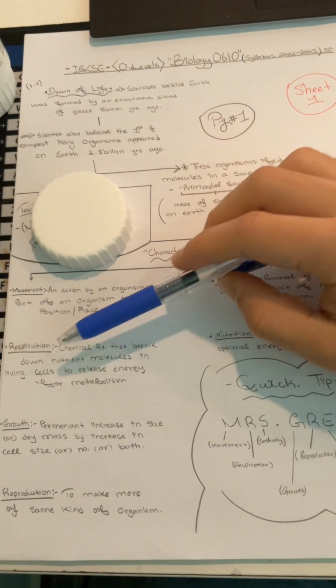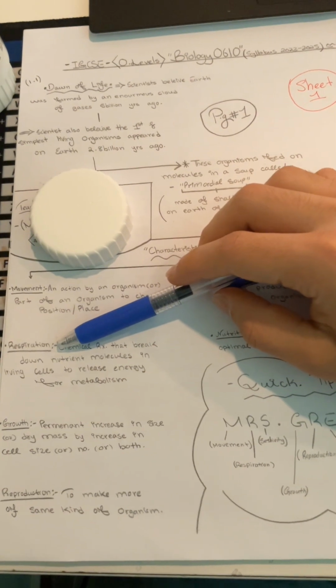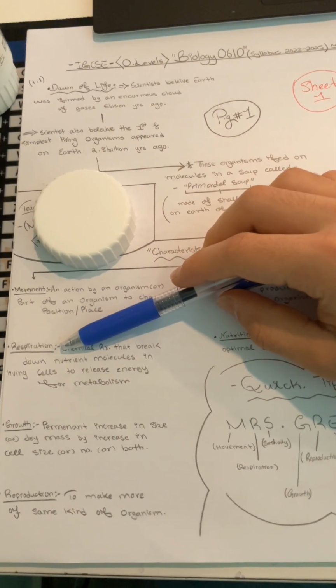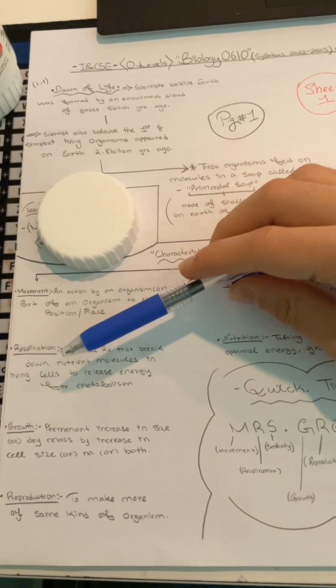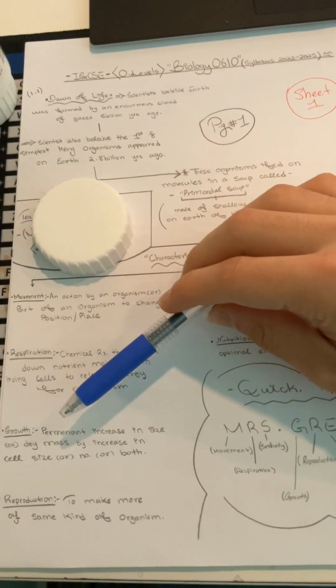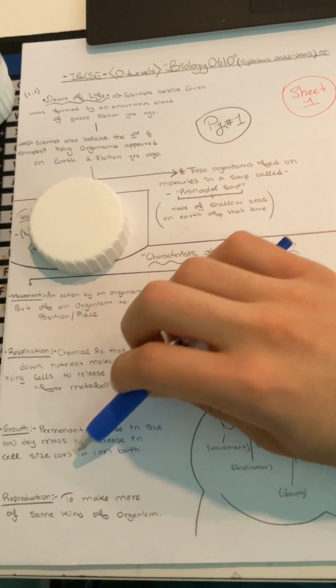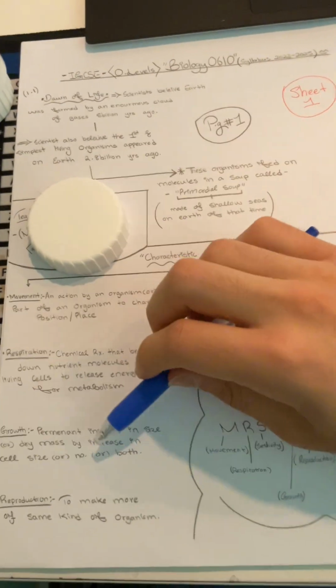Respiration can either be aerobic, with oxygen, or anaerobic, without oxygen, and it is used in many parts of your body's functions. Growth is a permanent increase in size or dry mass by an increase in cell size or number of cells or both.